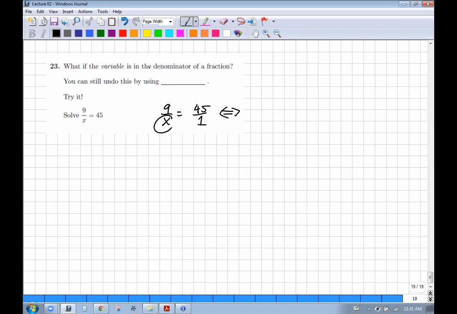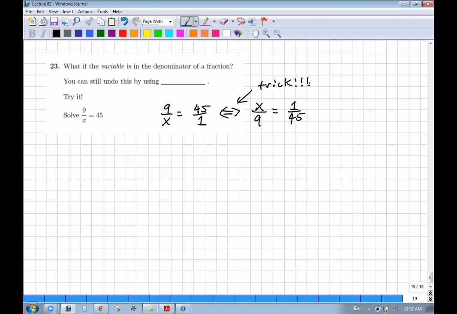We don't want x on the bottom, we want it on the top. So we flip the left-hand side and we flip the right-hand side. See what we did? We put the bottom of the fraction on the top and the top on the bottom, and we did the same thing to both sides. So that's your trick.